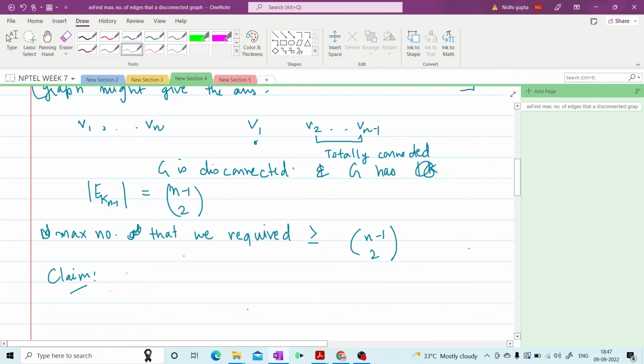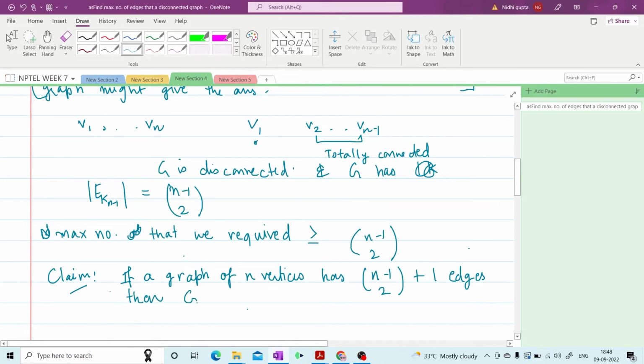That is, if a graph of n vertices has (n minus 1) choose 2 plus 1 edges, then G is connected.